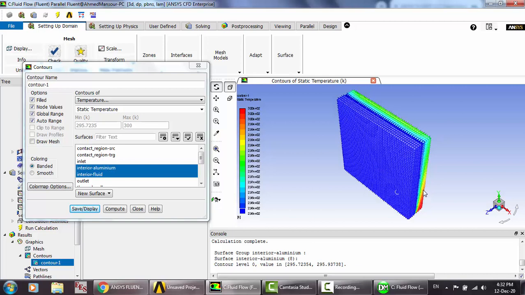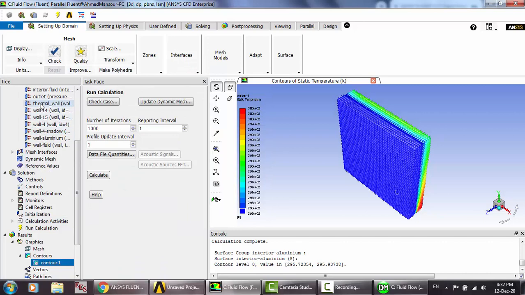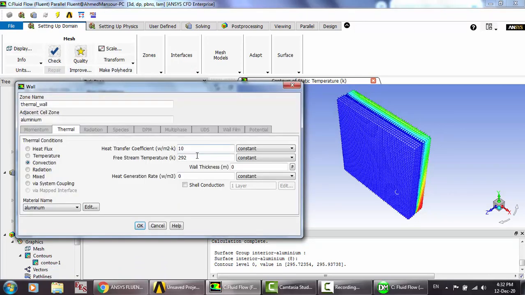So the heat transfer occurs from the air duct to the aluminum. So the aluminum is lower in temperature, but it starts to increase. Now we have 296. Remember that the free stream is at 292.